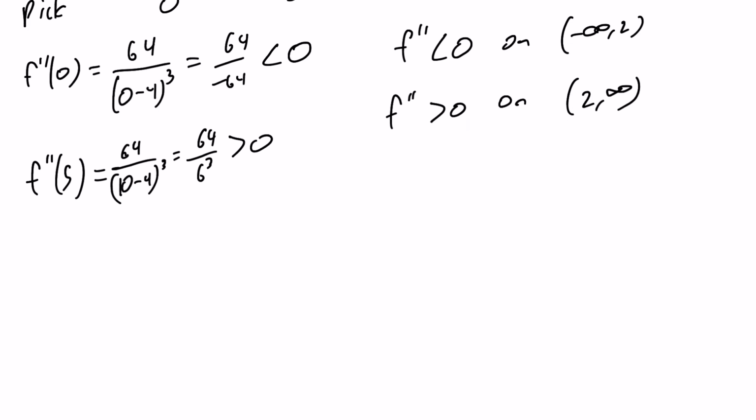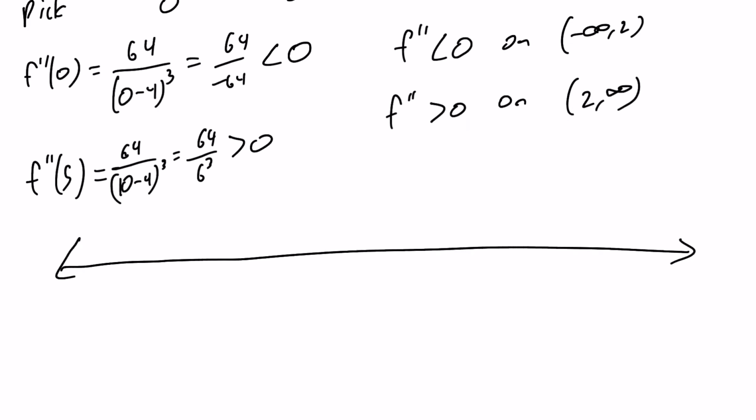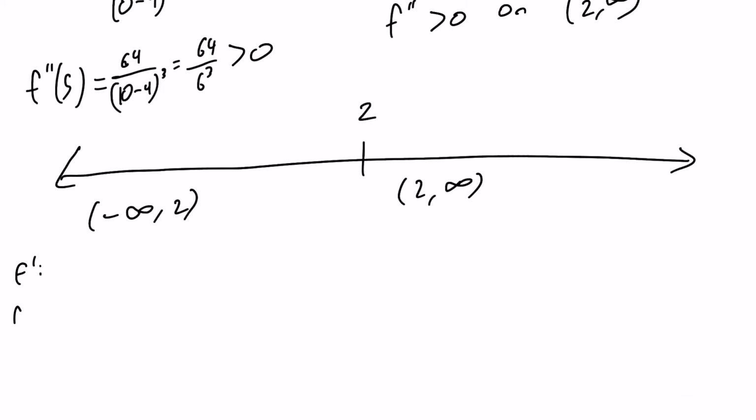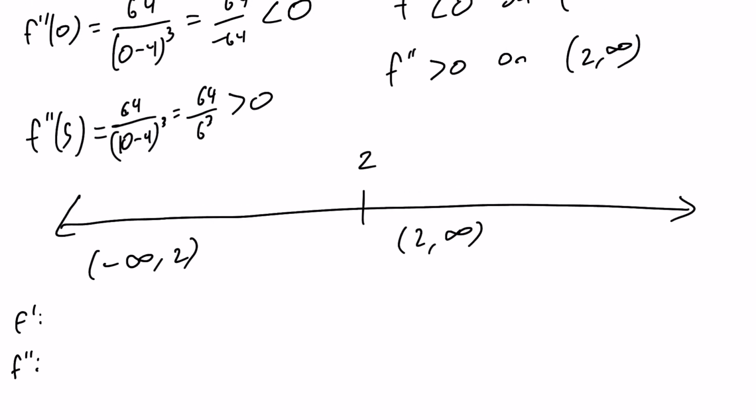That means if we draw our number line here, we plop down all the important points that we found. We only have one at x equals 2. We have two intervals that we worry about, from minus infinity to 2 and from 2 to infinity. We found that the second derivative is negative over here and positive over here. And we found that the first derivative is negative everywhere.